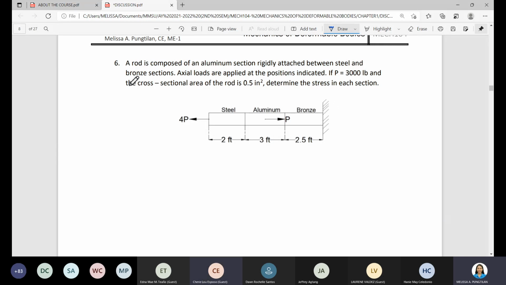So, ganun din yung gagawin natin just like the first example. Let's determine the forces that is acting on each section. So, by passing exploratory section AA, BB, and CC. So, the P is 3,000 pounds. Okay.